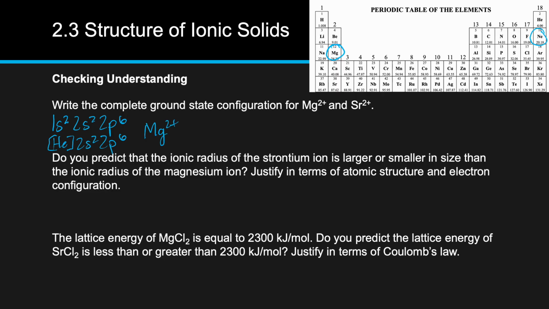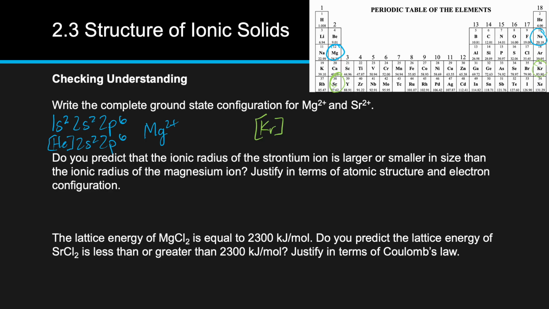So now let's do the same thing with our strontium 2+ ion. So strontium is here. If we were to lose 2 electrons, that means we would have the same electron configuration as krypton, or isoelectronic with krypton. Remember, you can't just do this and call it a day. You have to go to the previous noble gas.